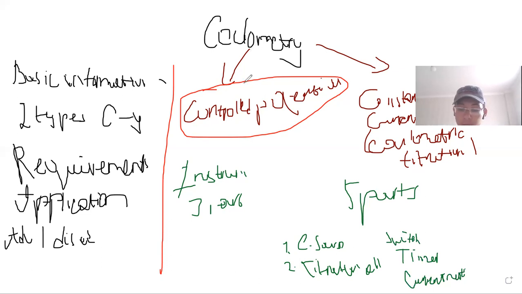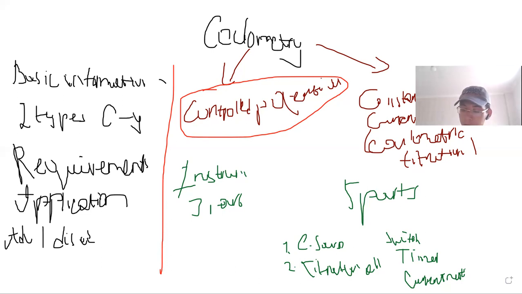If we talk about the techniques of analysis in general, coulometry may be used for the quantitative analysis of both inorganic and organic compounds. Applications of controlled potential coulometry are electrolytic determination and the synthesis of organic compounds.